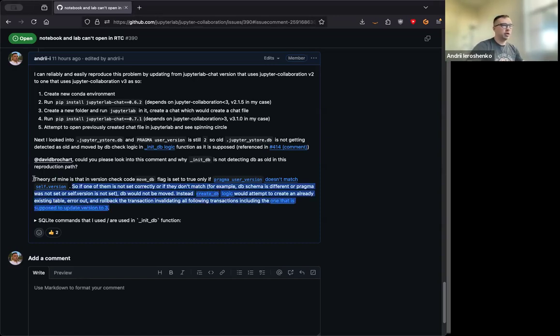I have a theory: the database migration logic checks for the existence of a particular table and a particular constant in it, right? If the table or constant did not exist or were named differently, that might be the reason. But yeah, I'm looking for more people to look into this.